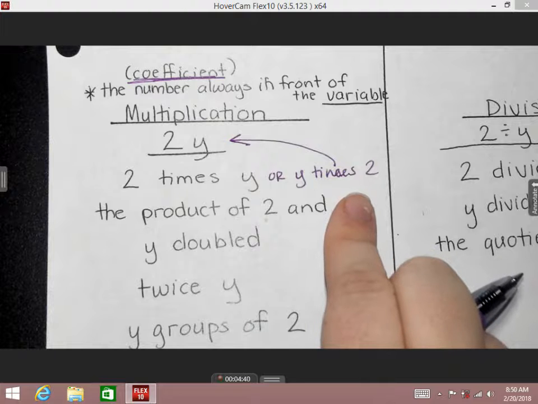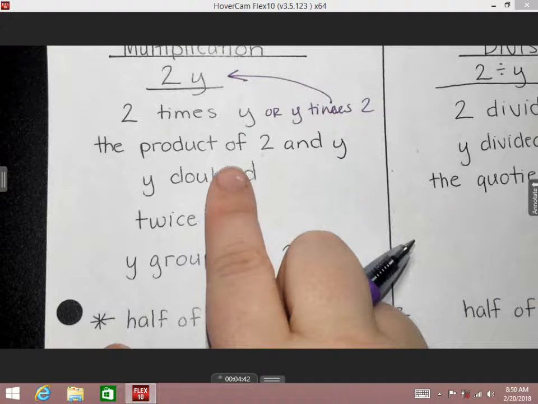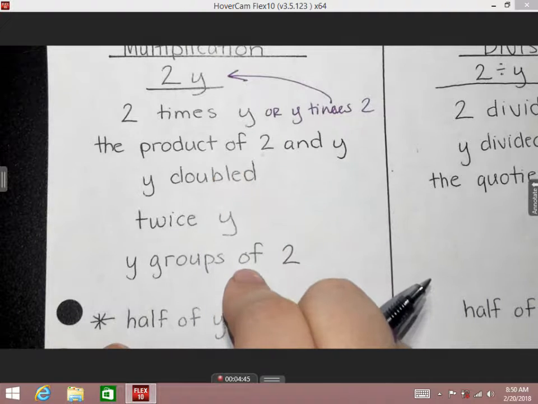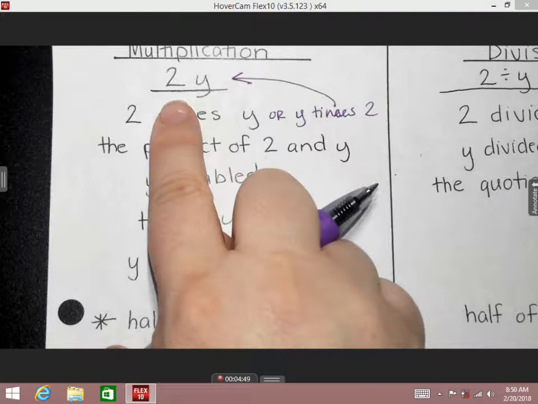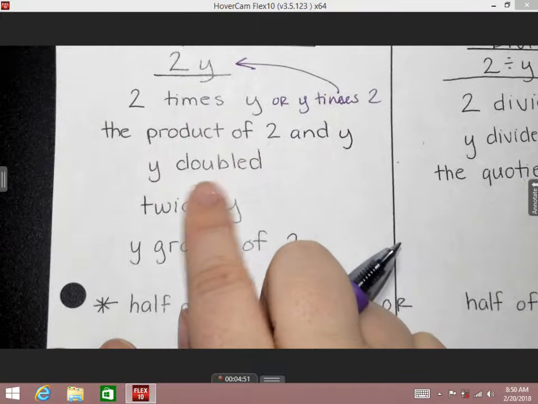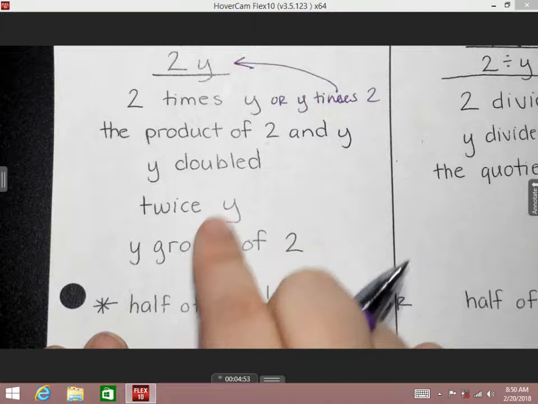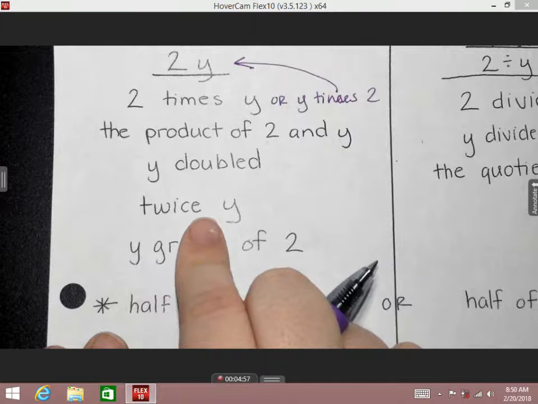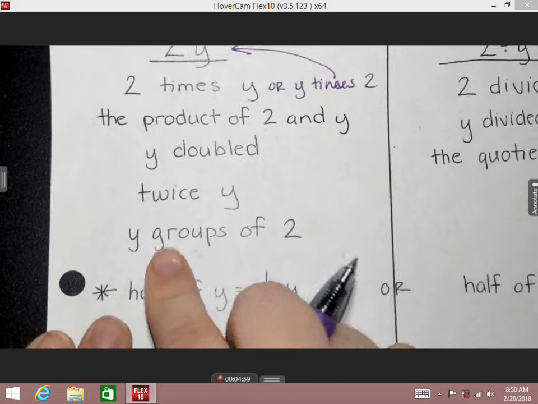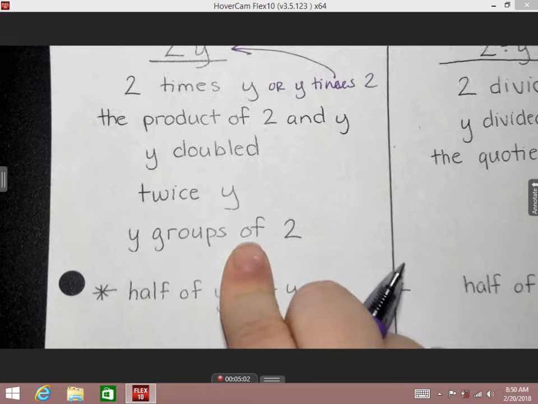The product of 2 and y, or the product of y and 2, what would go first? Still the number. Y doubled, that's just 2 times y. Twice y obviously is 2 times y. y groups of 2, remember if something repeats, what operation is it?